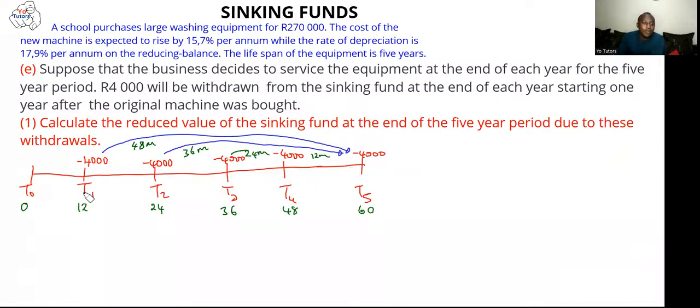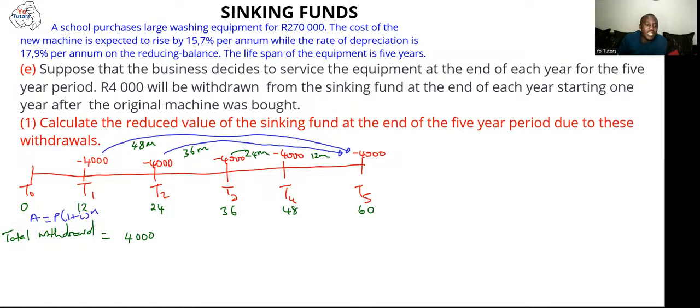Okay, so what you're going to do now is add, to get the total amount withdrawn here. So total withdrawal is going to be equal to the first 4,000. It's going to appreciate. Remember here it's appreciating with A equals P times (1 plus I) to the power of n.